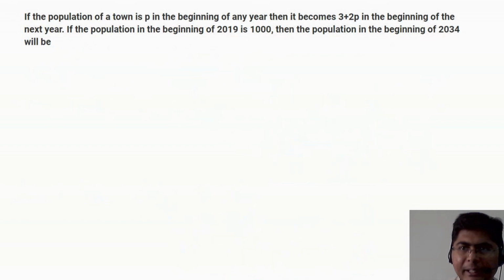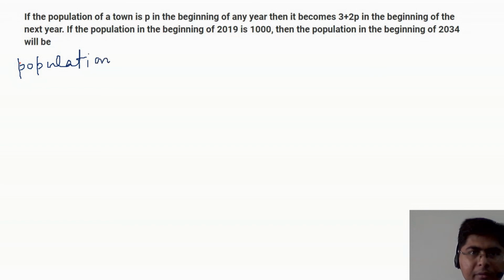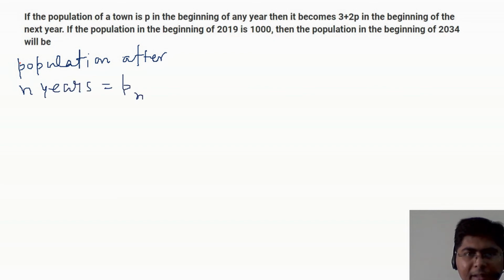So let's say population after n years, which means Pn is equal to how much? 3, then it will become 1 plus 2 plus 2 square plus dot dot dot.